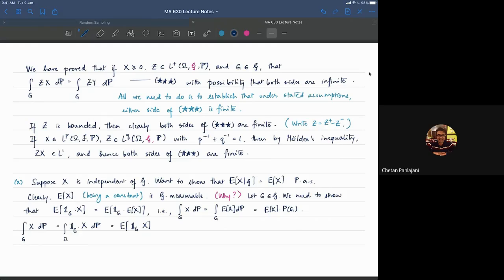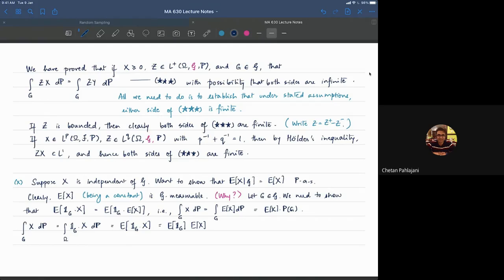Remember, G has been taken from this sigma algebra, and this sigma algebra and X are independent. So I claim that indicator G and X are going to be independent. So this is going to be E of indicator G times E of X.